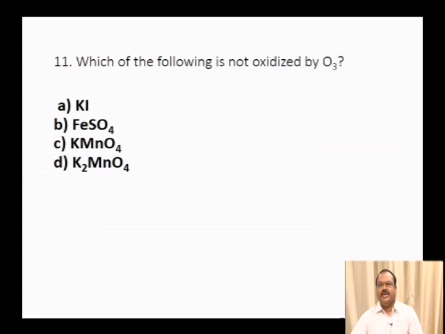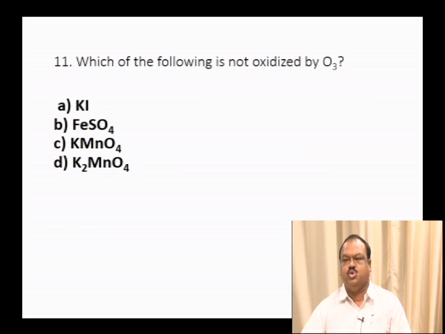Which of the following is not oxidized by ozone? Options are potassium iodide, ferrous sulfate, potassium permanganate, potassium manganate. Among the options, in potassium permanganate, the manganese oxidation state is +7.